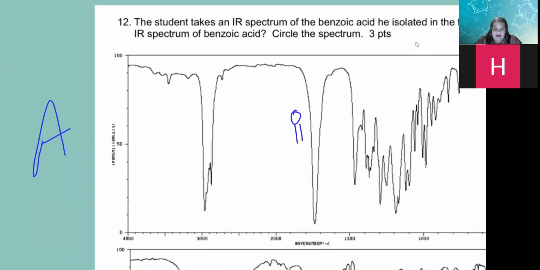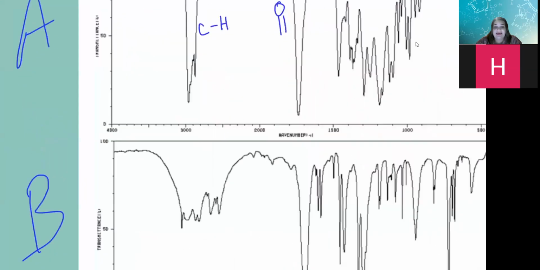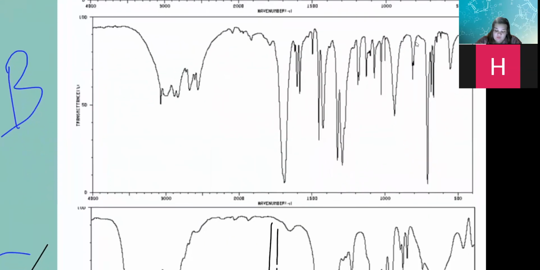The other thing we have is at around 3000, we have the stretching. Now, I think a lot of you got confused with this. Because this is at 3000, this is actually just going to be carbon-hydrogen stretching. When you're looking at structure B here, we once again have that long, strong, narrow peak.